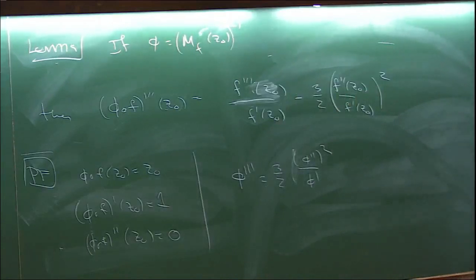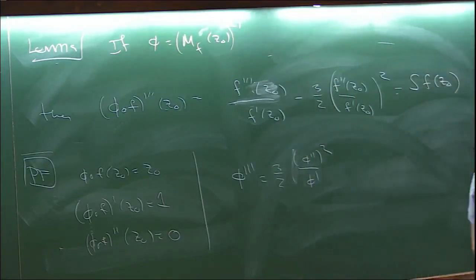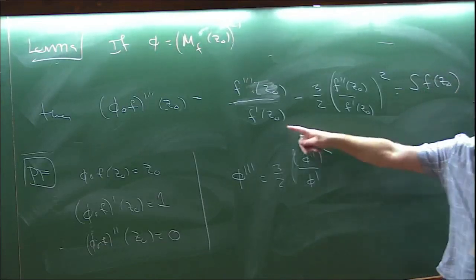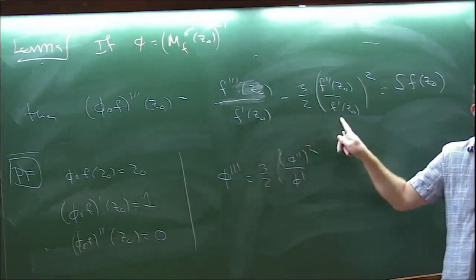But that proves the proposition, right? Because this is the Schwarzian derivative. This is a holomorphic function. Notice that our assumption is that our map's locally univalent. So this derivative is never 0.